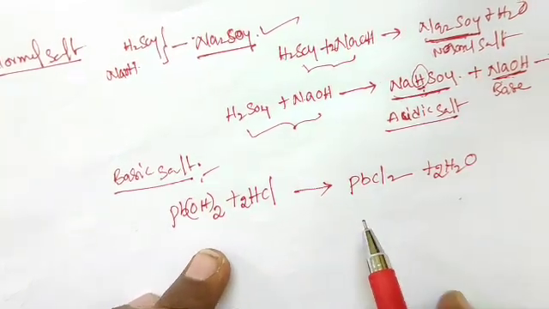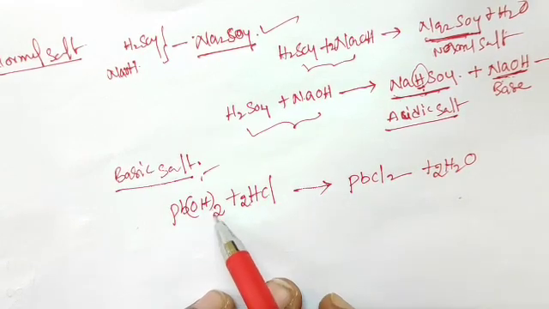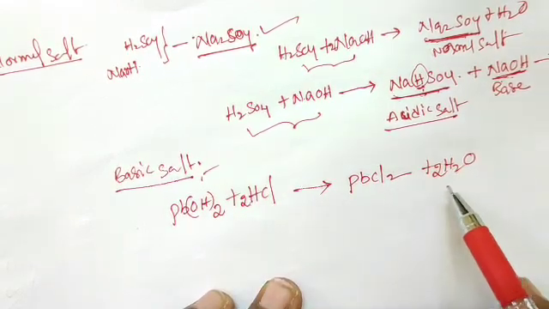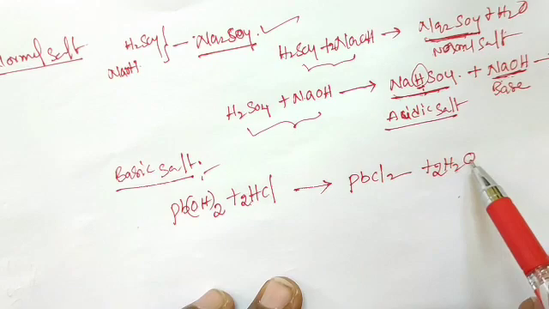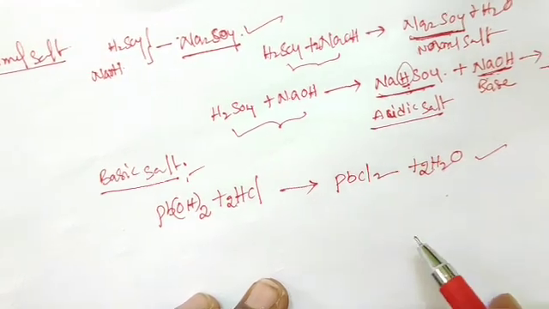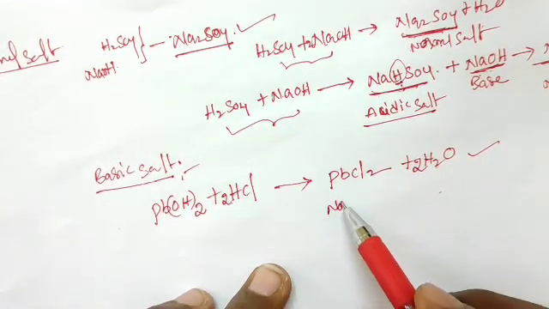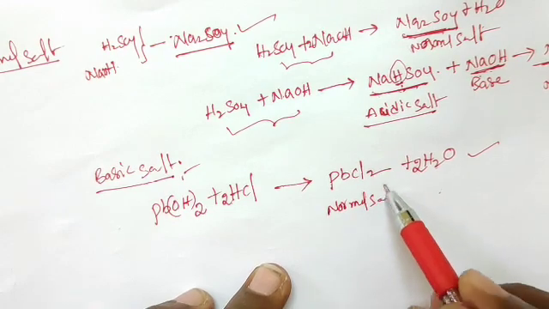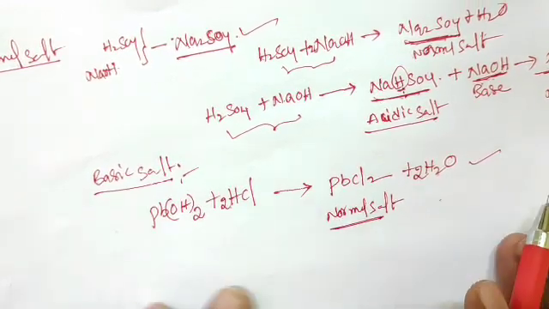For balancing: 2 hydrogens here and 2 hydrogens here, total 4 hydrogens, and 2 oxygens. So it is a balanced equation. This is a normal salt.